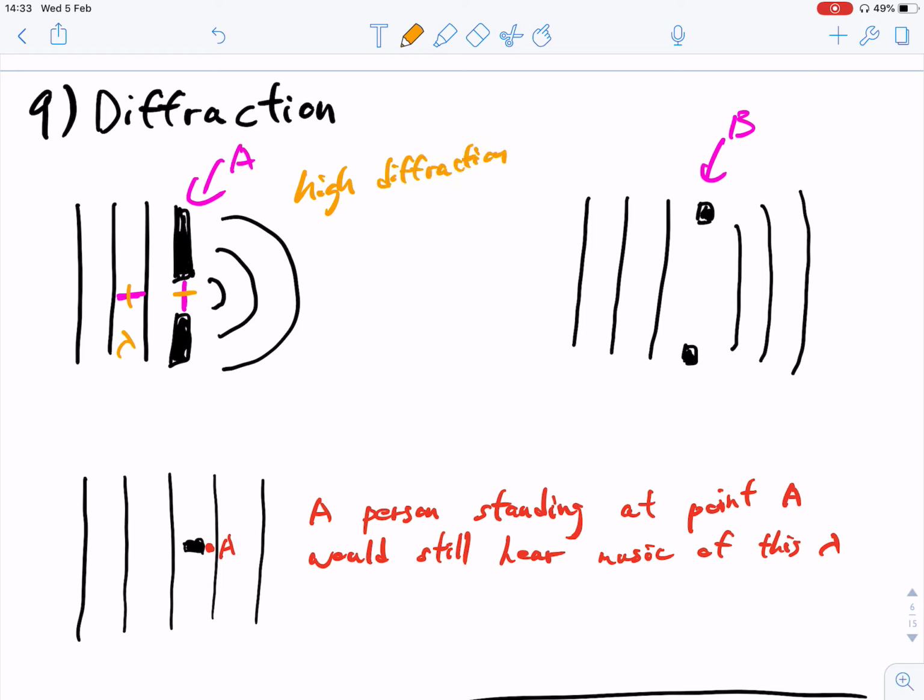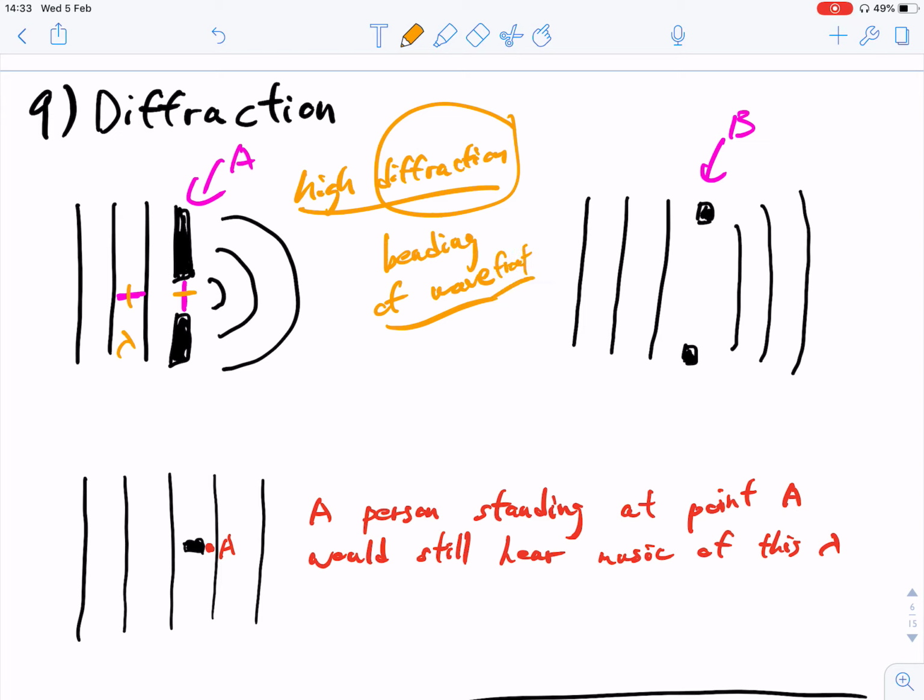Or maybe you can call it good diffraction, but it's really maximizing diffraction. And remember that diffraction is a bending of a wave or a wave front.